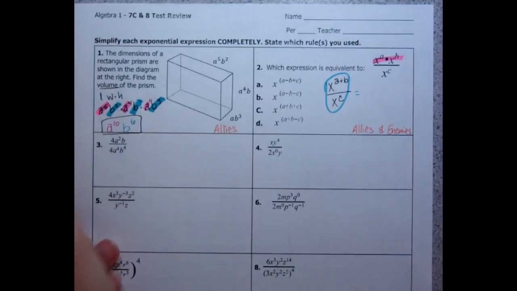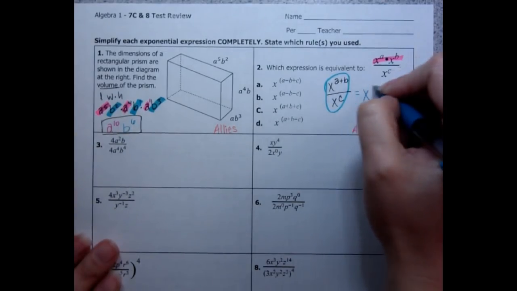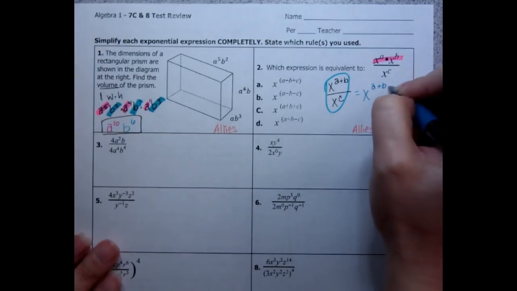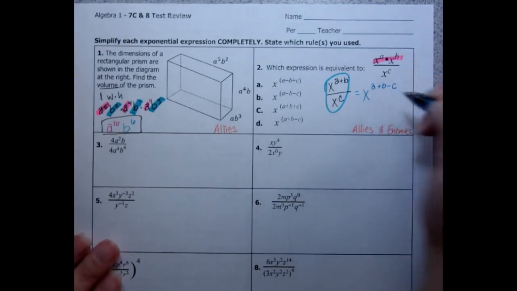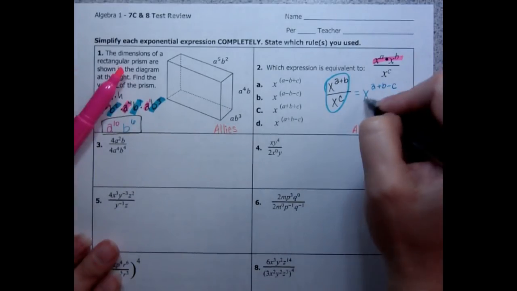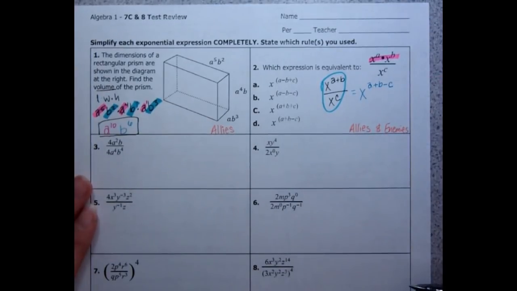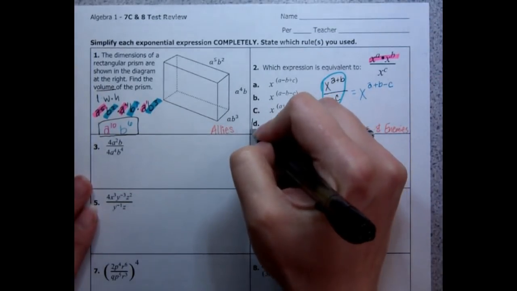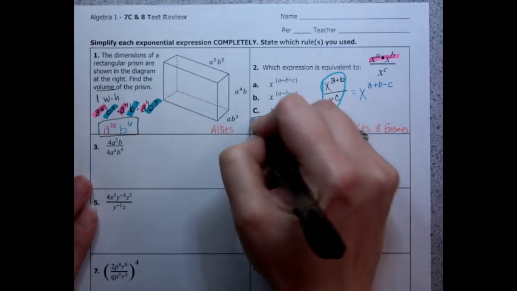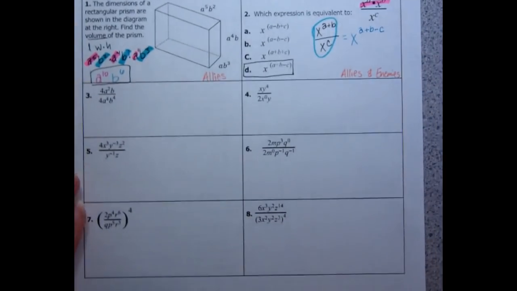Keep the base, which is x, subtract the exponents. So we're going to start with this, a plus b, and because this is an enemy, we are going to subtract the c. So which one does this match? A plus b minus c. So it's right here. Option D.